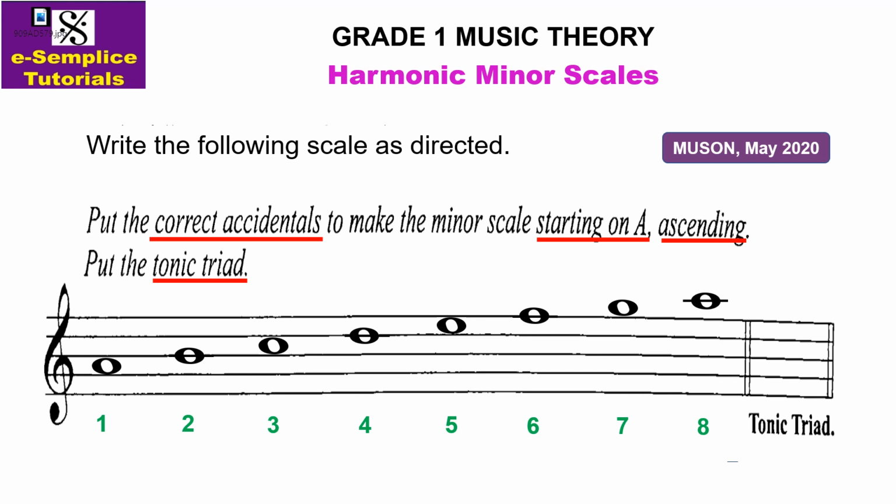Now, what about the accidentals? A minor does not have any key signature accidental because it is the relative minor of C major.